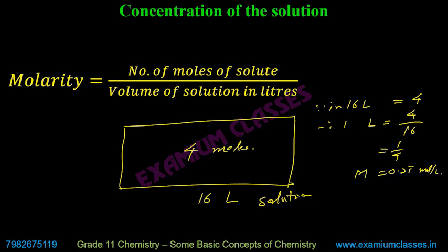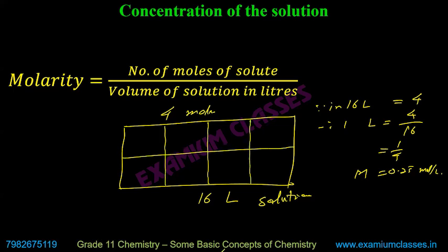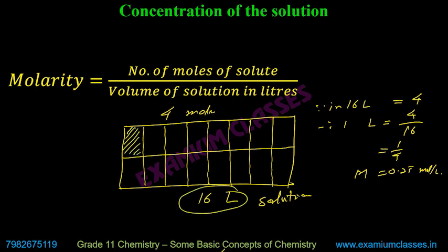So another way, pictorially, how you can understand: if total moles are 4, you divide this whole into 16 equal parts. Now this is 1 liter because I have divided 16 liters into 16 equal parts.